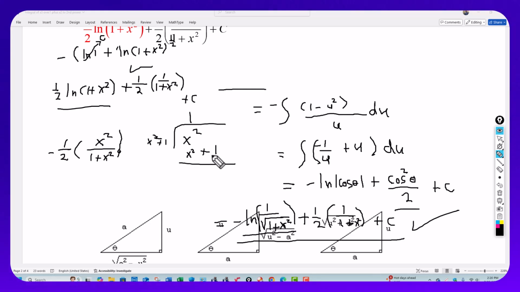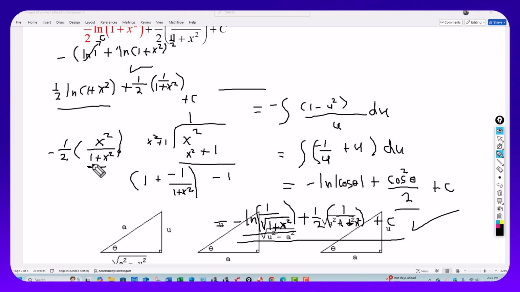Subtract, this cancels, so it gives me a minus 1 for remainder. So this entry right here, I can rewrite as the quotient first, 1, and then plus the remainder. The remainder is over the divisor, which is 1 plus x squared.